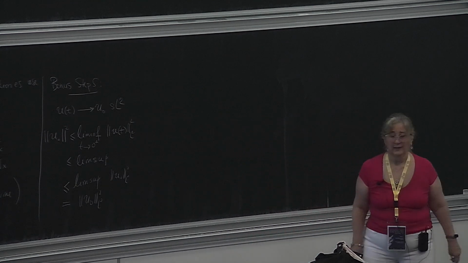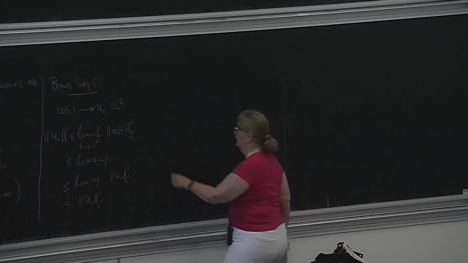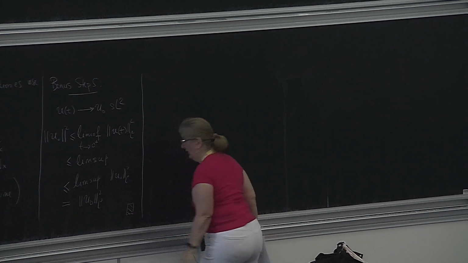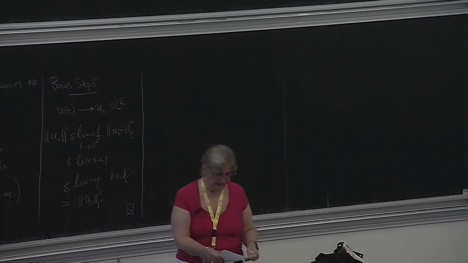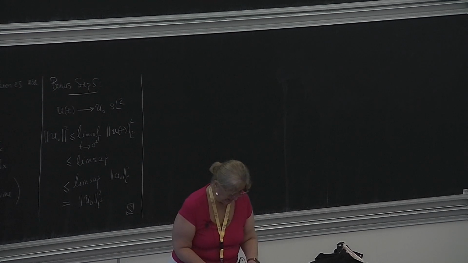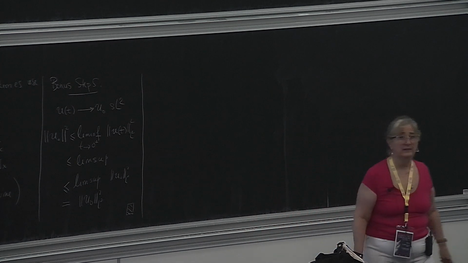And therefore, all the inequalities are equalities, and you get the strong convergence. So this finishes the proof of the existence. And, of course, this begs the question, what about uniqueness?